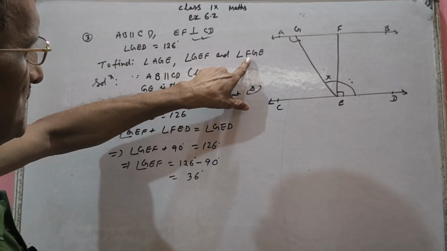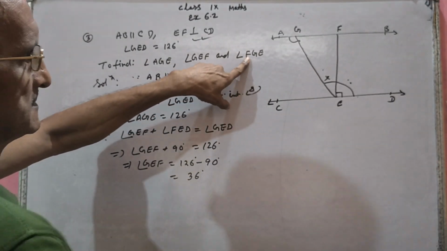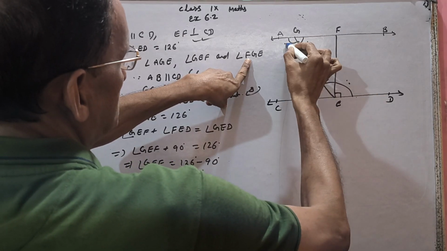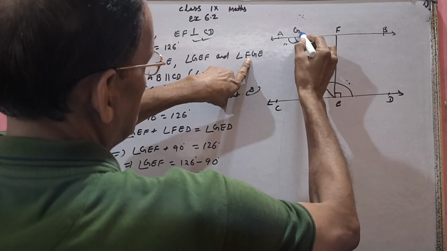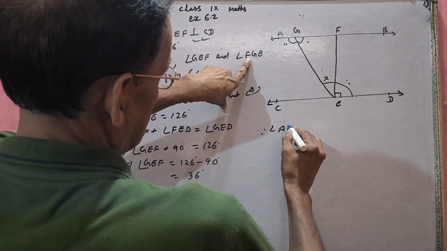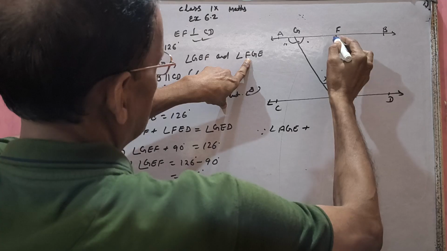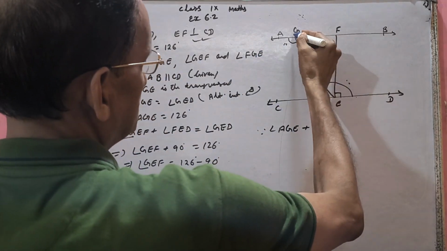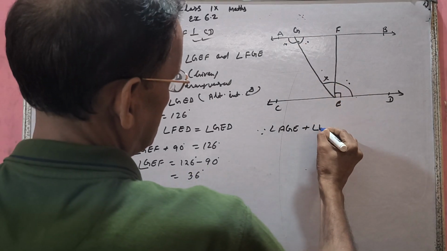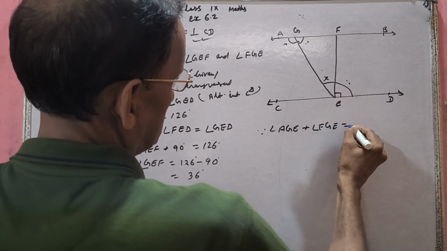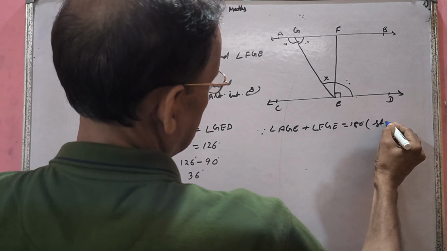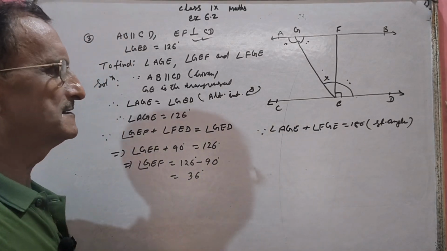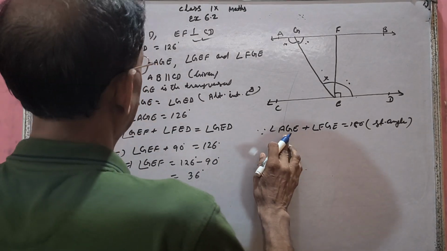In the last, we have to find angle FGE. This angle. This is so easy only, no? This plus this together form a straight angle. What is the name? Angle AGE. Since angle AGE plus angle FGE, which we need to find, is equal to 180 degree. You can write a straight angle, sometimes a linear pair. What is AGE?